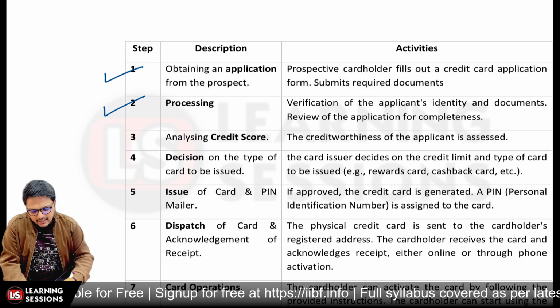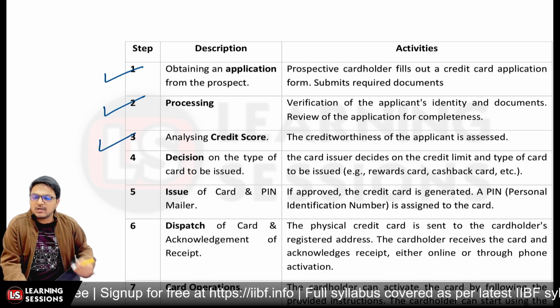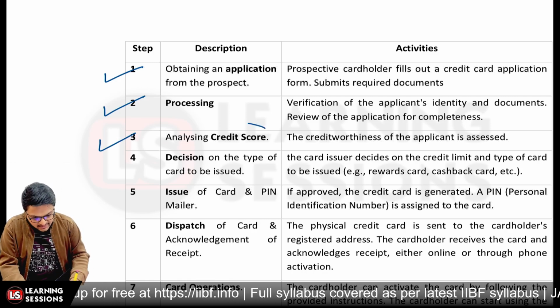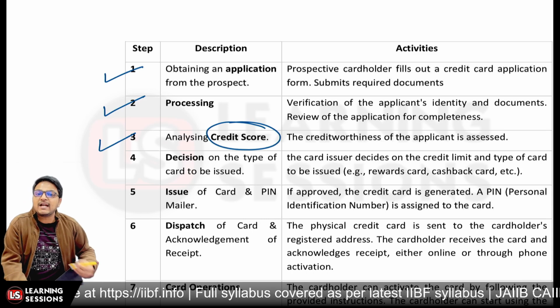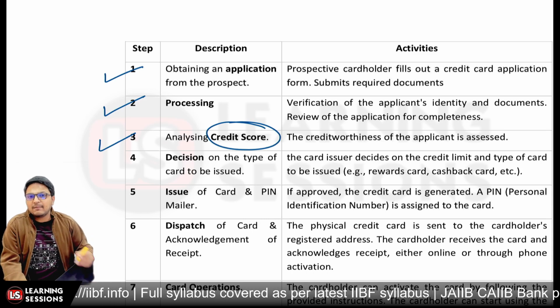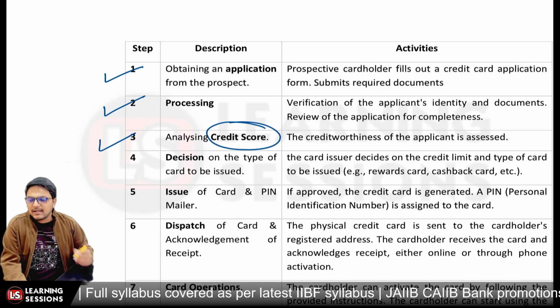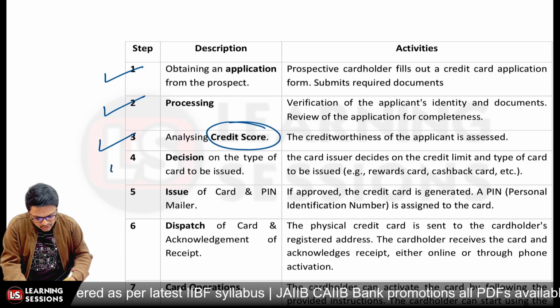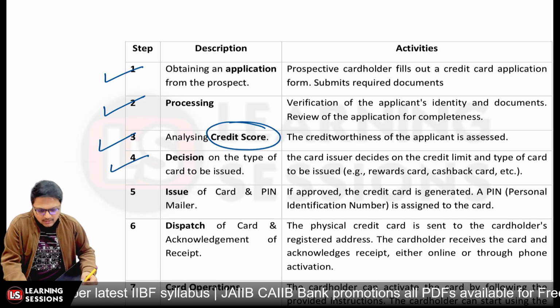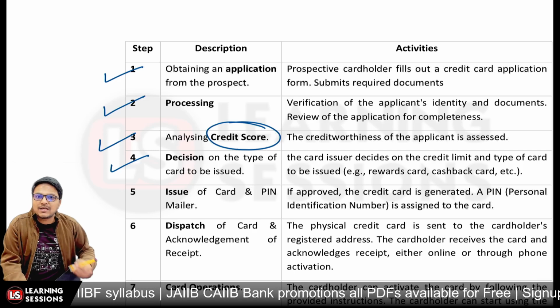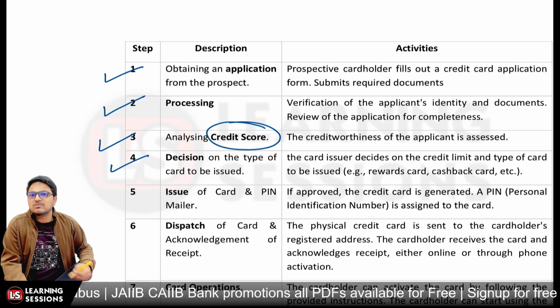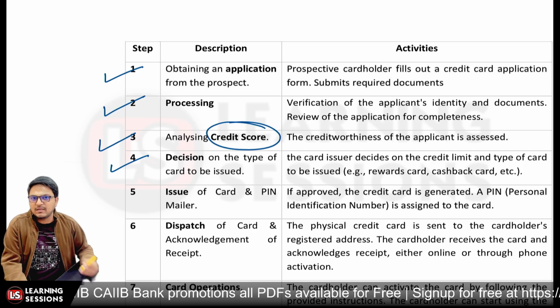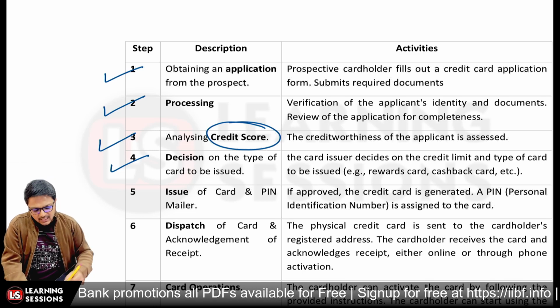Further after that, the credit card issuing company will be analyzing the credit score over there, so as to check the creditworthiness of the borrower, and based upon that, the credit card company will be coming upon a decision that what type of card can be issued to the customer, and further they will also be deciding that what credit limit will be given to the customer over there.